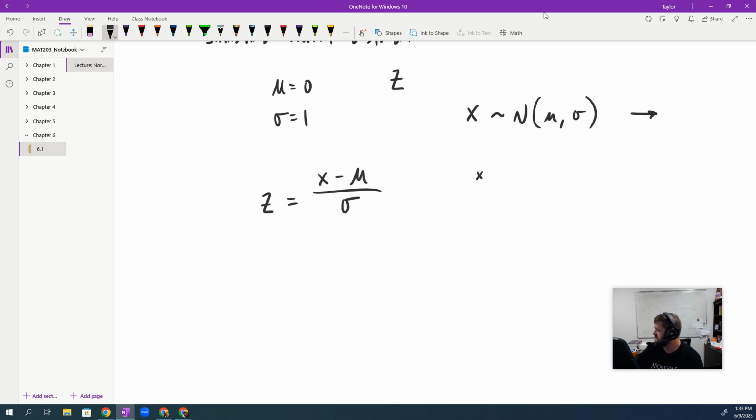What we do is transform it, and z is approximately normal with mean 0 and standard deviation 1 with this formula. Every z value will be the x value, its distance from the mean, how far away this particular value is from the mean, divided by the standard deviation.